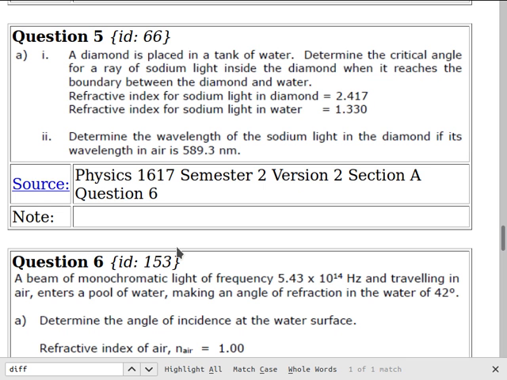Sodium light is just the name of the light source. It's like a sodium lamp, I think. It has a specific wavelength, a particular color. In fact, maybe it's a yellowy color. I have a feeling that the reason the author wrote sodium light is because maybe it is the light that's used in the definition of refractive index.